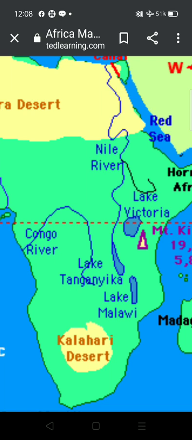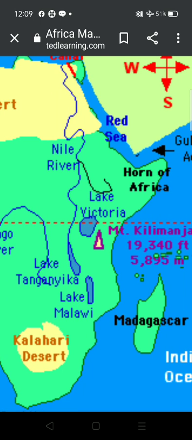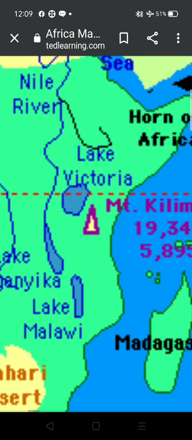You see here the largest peak in Africa is Kilimanjaro. You can see in the map the triangle shape which is given, Kilimanjaro in Tanzania. The place Tanzania, you can see here, this part. Then Victoria is the largest lake in Africa.